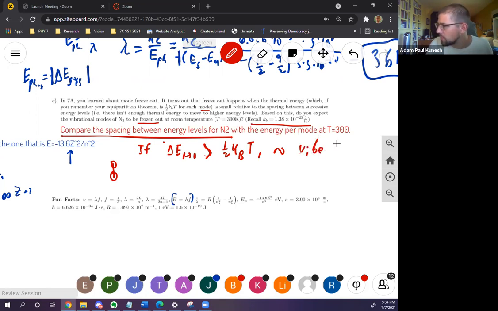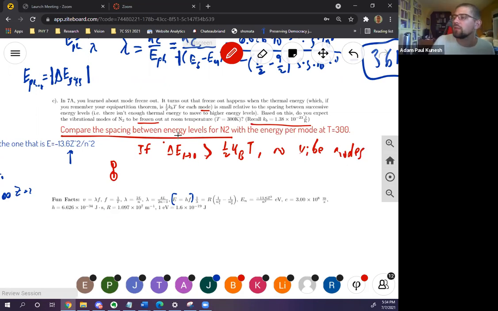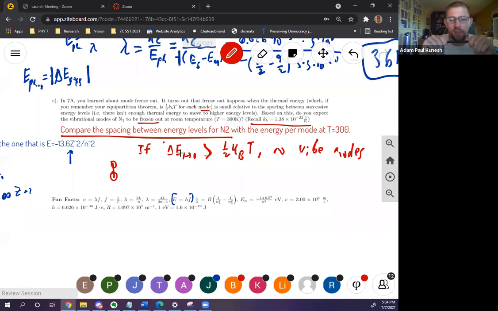No vibe modes. Wait, why is it 1 to 0 for delta E? I just picked 1 to 0 arbitrarily, but basically it's any individual spacing. The energy level spacing is the same for all of them, that's right. That's why I can pick any 2 that are adjacent to one another.